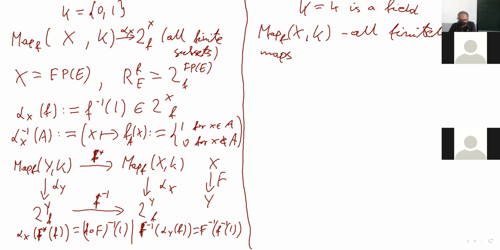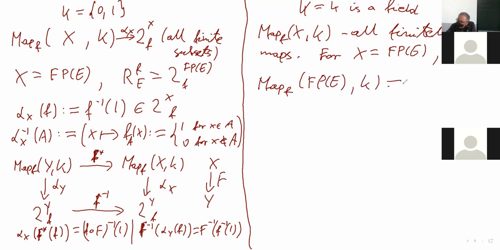These are the things we don't really have to do on the right-hand side. But I can write that for x being equal to FPE, by definition, I'll find the supported maps from FPE into our field K. This is by definition the path algebra of the graph E. Okay.